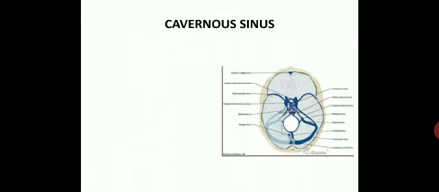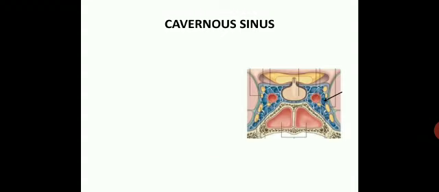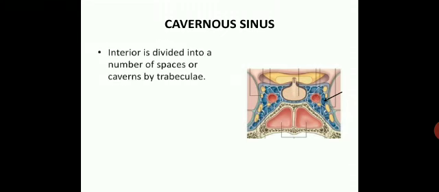So, now we will discuss in detail about the cavernous sinus. The cavernous sinus is a large venous space situated in the middle cranial fossa on either side of the body of the sphenoid bone. The interior is divided into a number of spaces or caverns by the trabeculae.